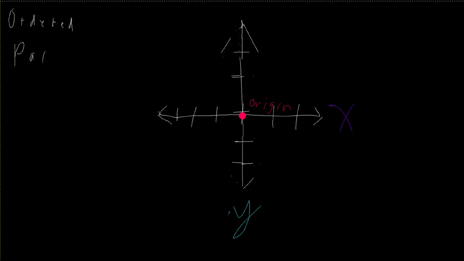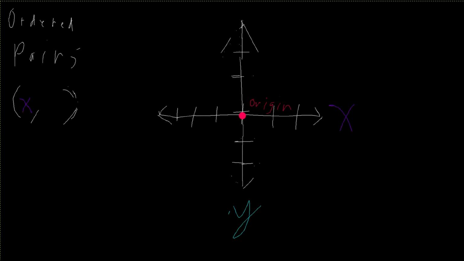All right, so our ordered pairs follow a very specific order. All right, and what our ordered pairs are, they are the coordinates for the points that we're going to place on our coordinate plane. So our ordered pairs are going to go in the order of the x coordinate first.